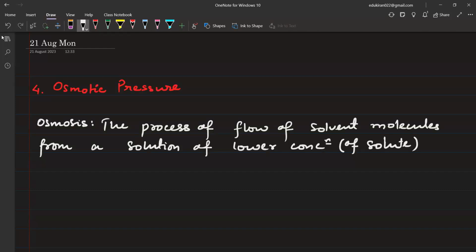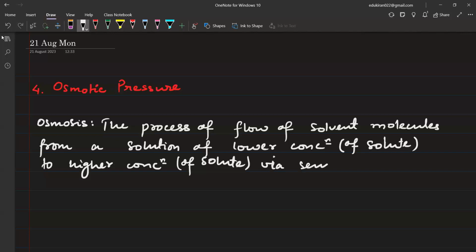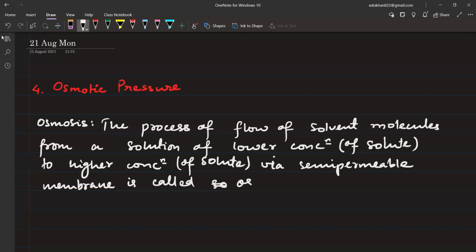So from lower concentration of solute to higher concentration of solute via a semi-permeable membrane is called osmosis.